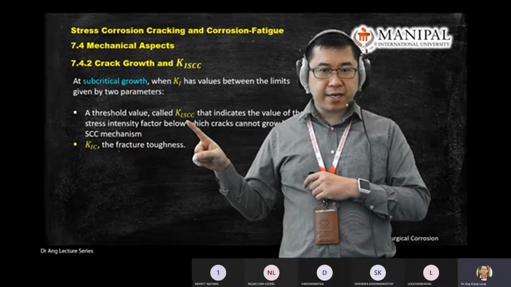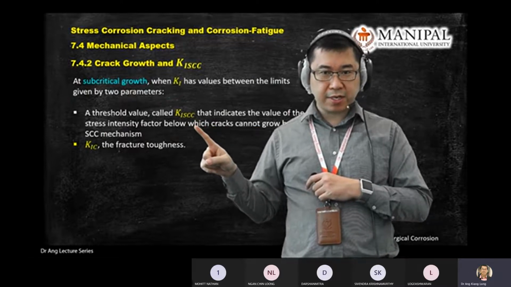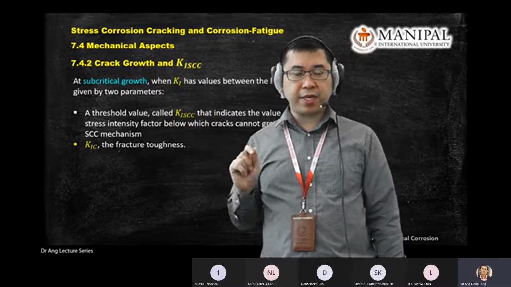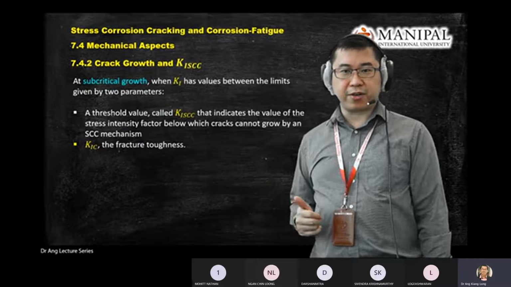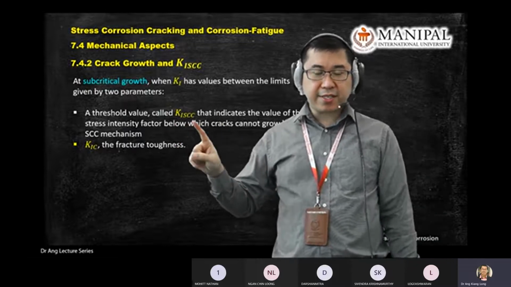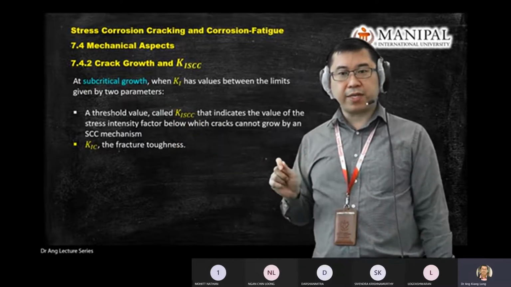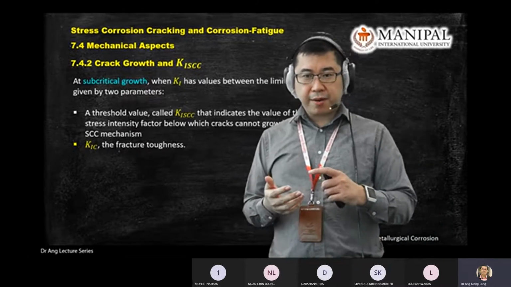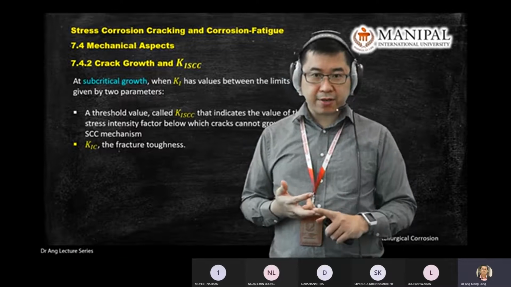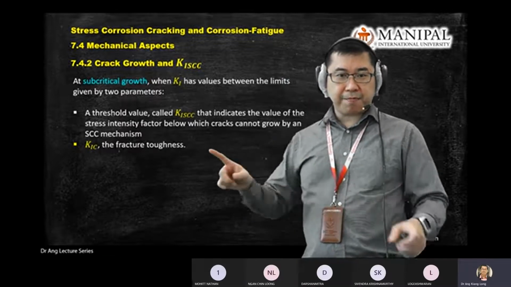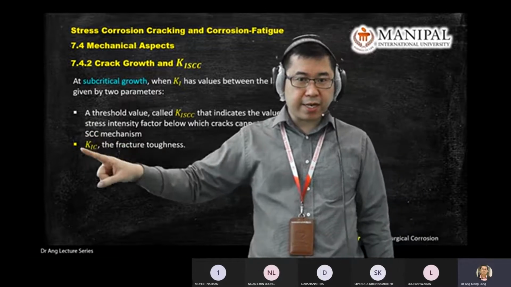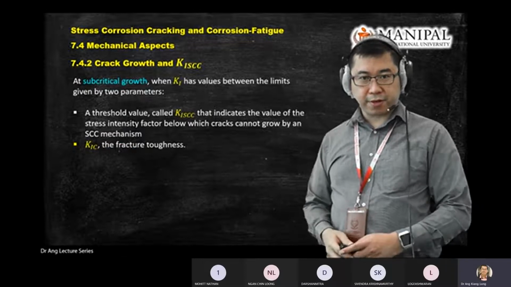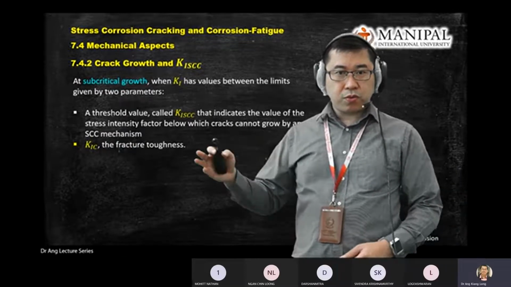K sub I SCC: its function is to check whether SCC has happened or whether SCC has already propagated. The other one is KIC, which is more on the fracture toughness. So we have two.